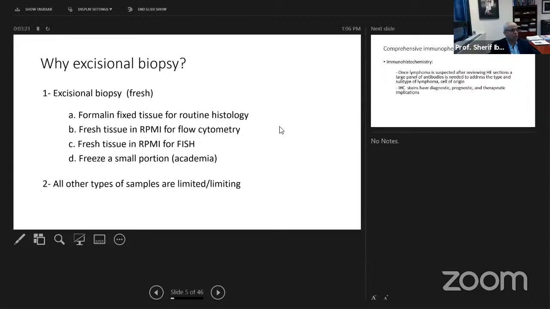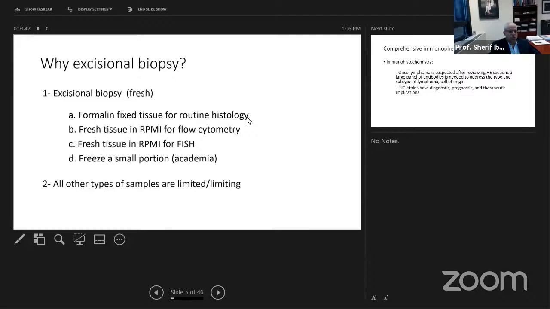So why excisional biopsy? Excisional biopsy gives you enough tissue to divide. The first piece of it will go into formalin for routine histology, and that's still the gold standard. It's very cheap. Morphology is still king to my mind.